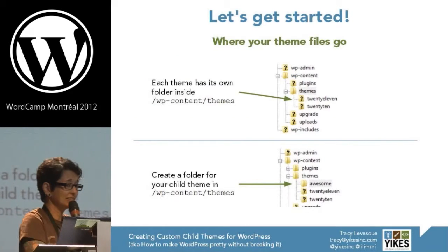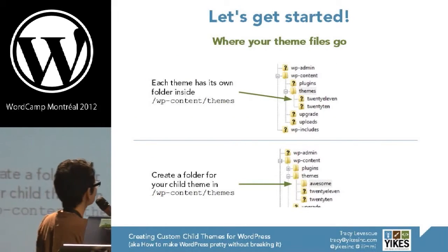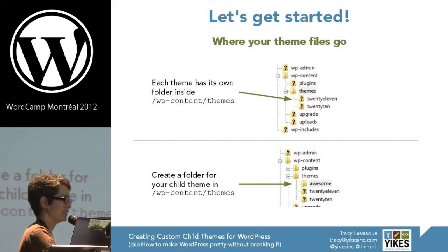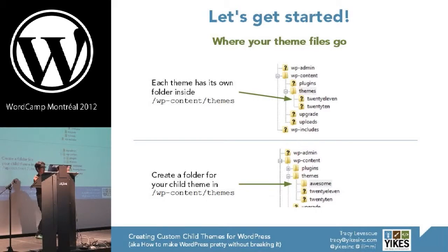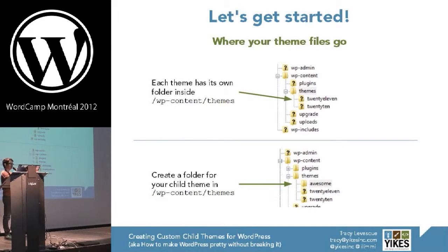All right, so let's get started. How do you make a child theme? Are people familiar with the folders that make up a WordPress install? You have wp-admin, wp-content, and inside there you have a plugins and themes folder.